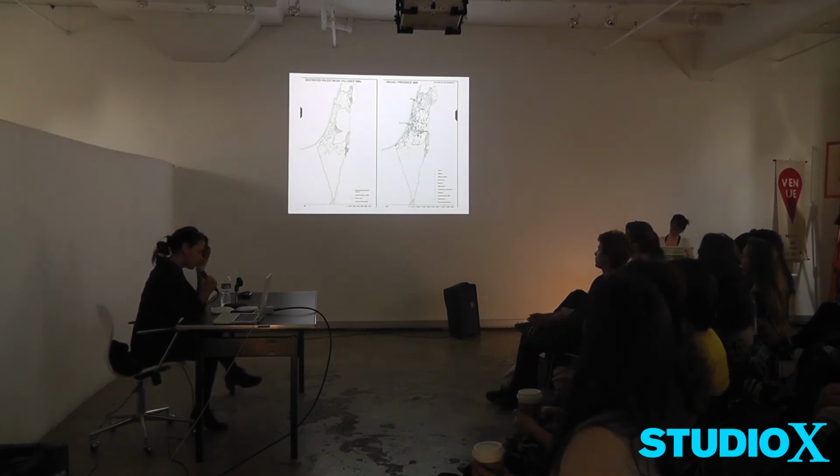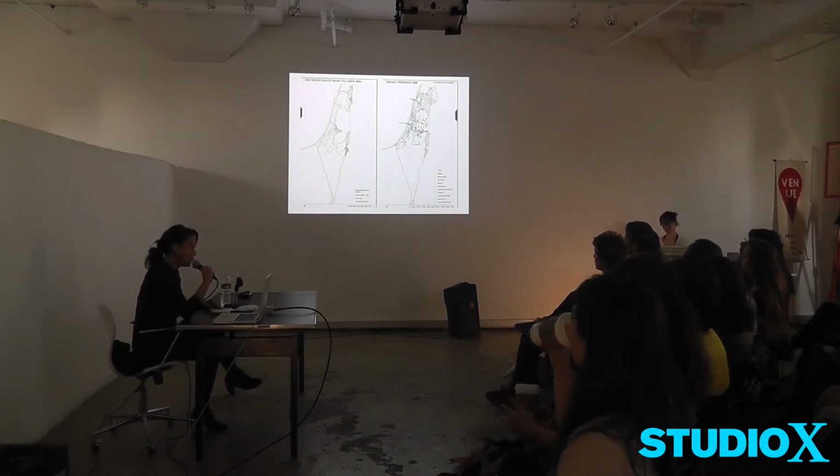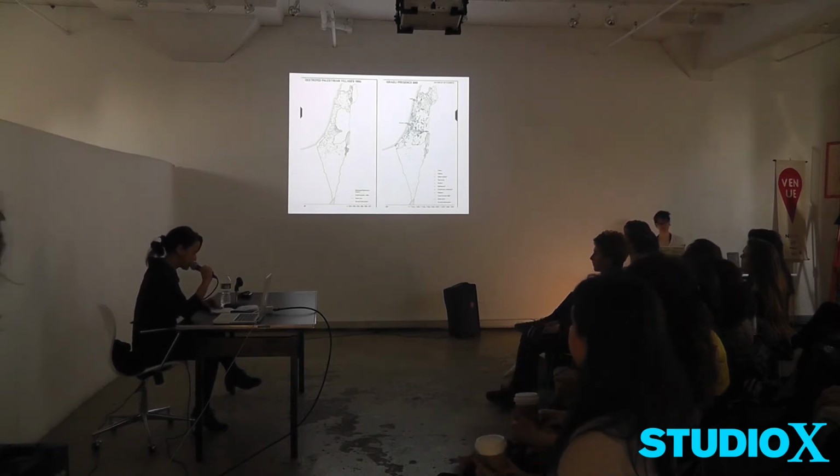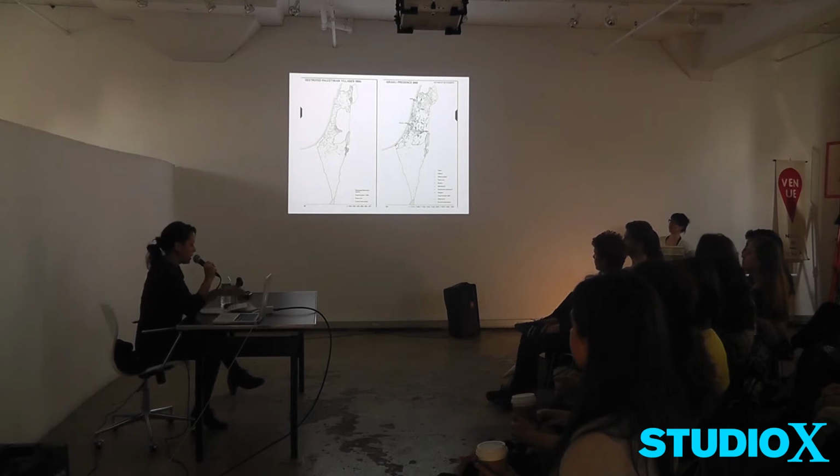As an architecture student, I couldn't get away with just doing research. I needed to visualize it. The most efficient format that I found at that time, and I still think it's the most efficient format to visualize this research, was the map. It was obviously the best tool to expose not just the changes, but patterns and governmental policies.